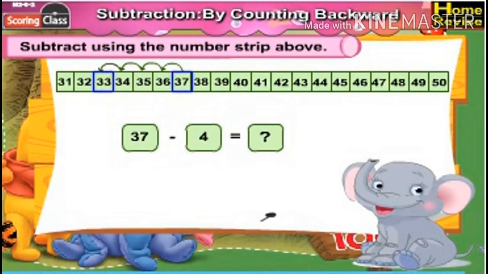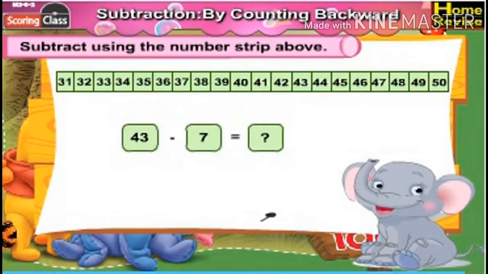That would be 33. So 37 minus 4 is 33. 50 minus 5. Now we have to subtract 5 from 50. Subtracting 5 means going 5 places back from 50. So that would be 45, which means 50 minus 5 is 45.